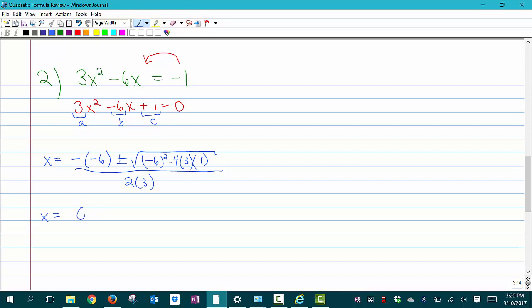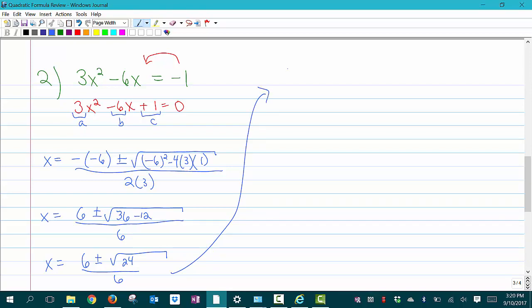Negative negative 6 would be a positive 6, plus or minus the square root. Negative 6 squared would be 36, minus 4 times a positive 3 times a positive 1 will be a negative 12. And then we're going to divide all of that by 2 times 3, which is 6. 36 minus 12 would be 24. All of that divided by 6.